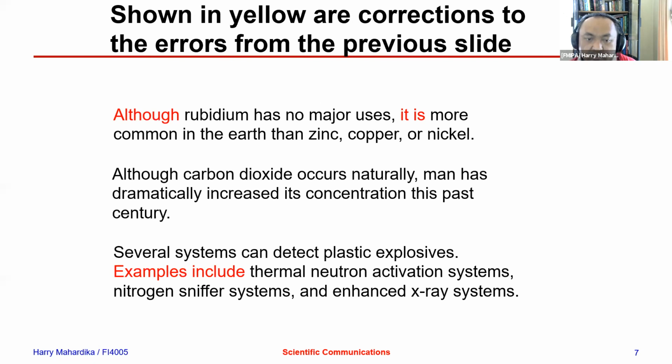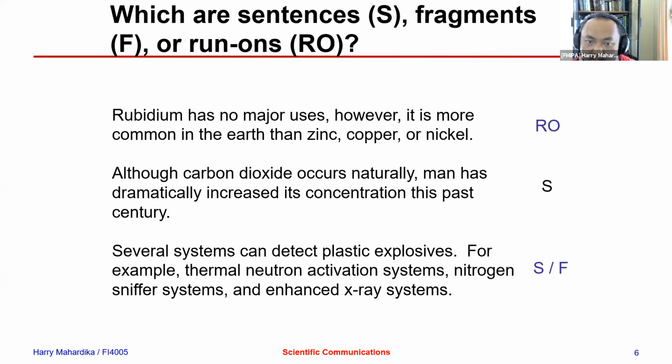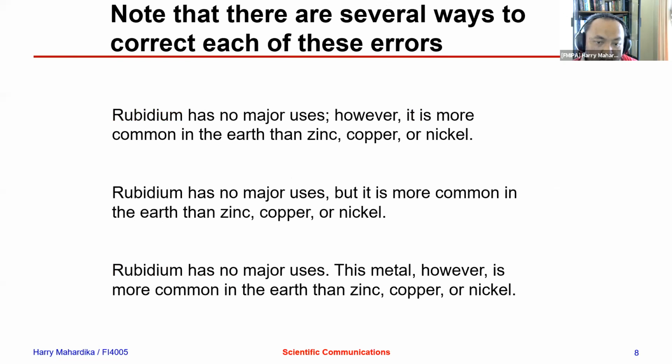Examples include thermoneutron activation system, nitrogen sniffer system, and enhanced X-ray system." So by adding "examples include," we basically add a subject into the second phrase, a fragment of phrases. Note that there are several.